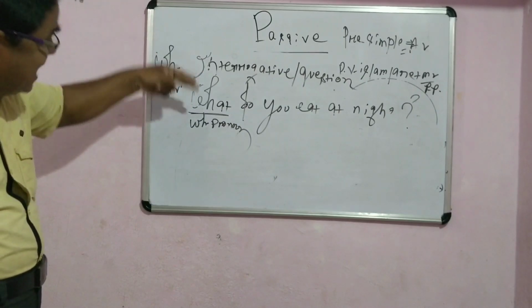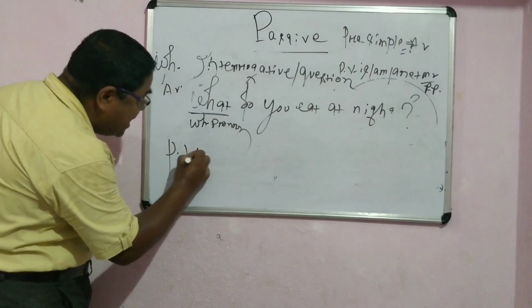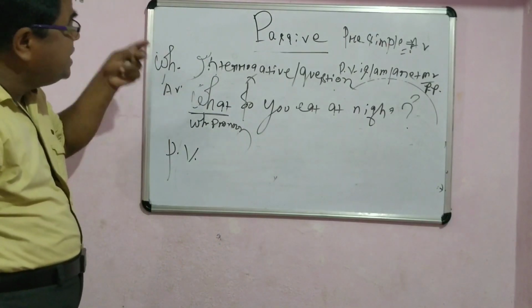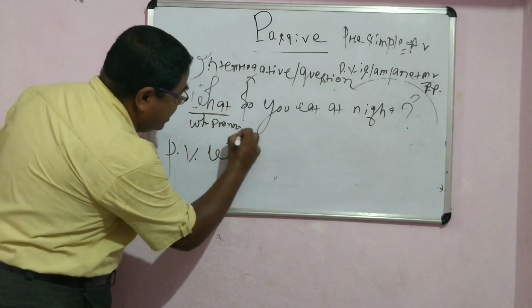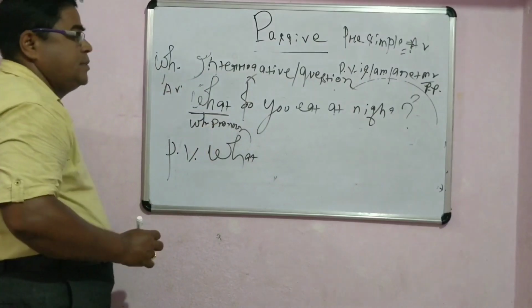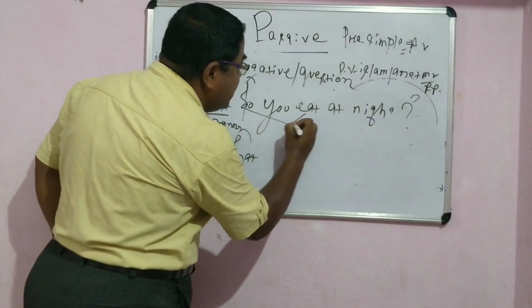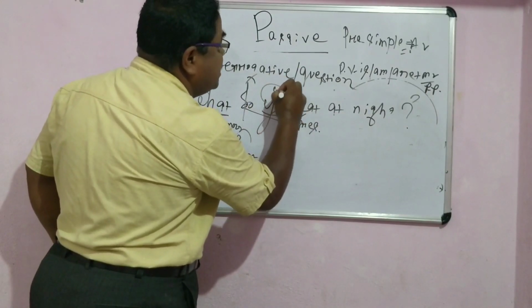Now we have to change this active WH interrogative in the same pattern into the passive. So when you change this active into passive, first you have to use the WH word, what. Then similarly, do eat is the present simple. I have already told you, you is the subject.